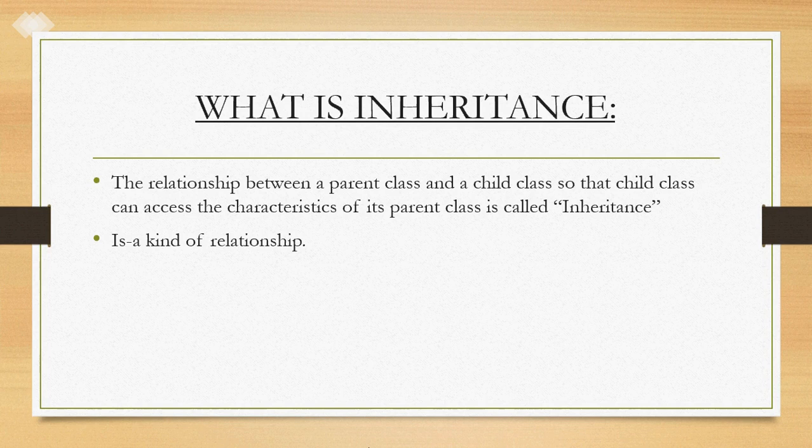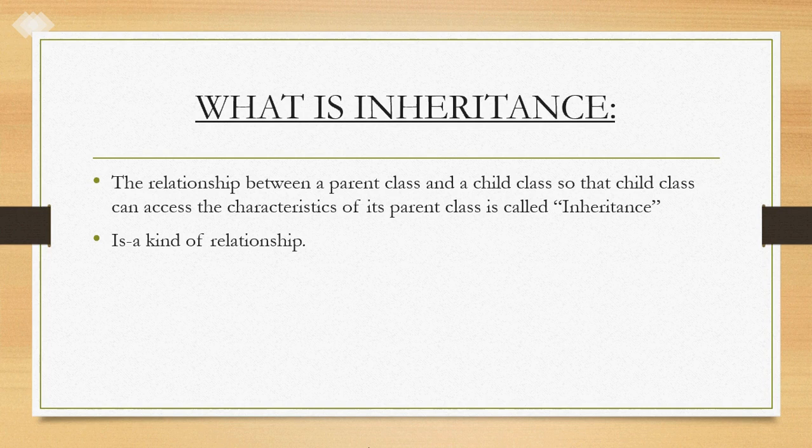Or we can also say a base class or parent class, and a subclass or child class. So the child class can inherit from the parent class. A child class can access some properties, some characteristics of its parent class. So this relation is called inheritance. And it's just a theoretical concept that this relation is known as an is-a relation.